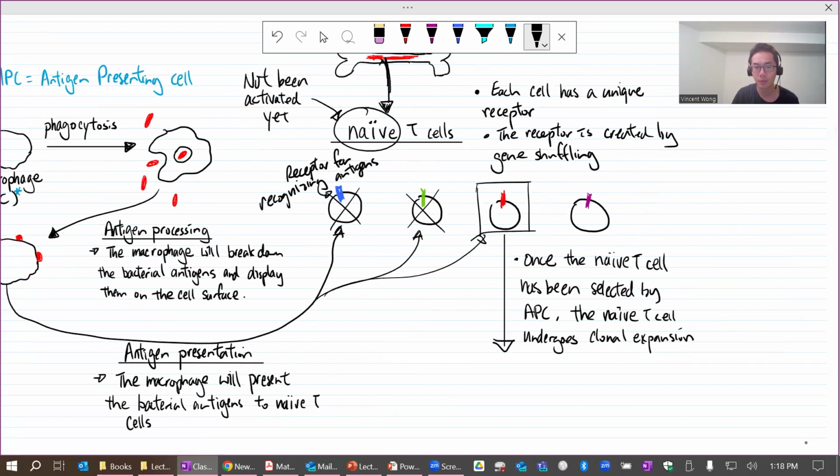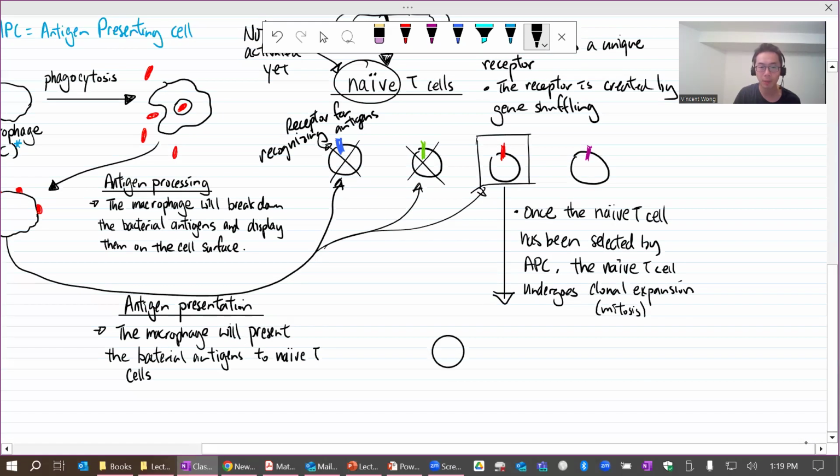That's just a fancy word for mitosis. But again, that's what it's called. They are going to make many, many copies of themselves.